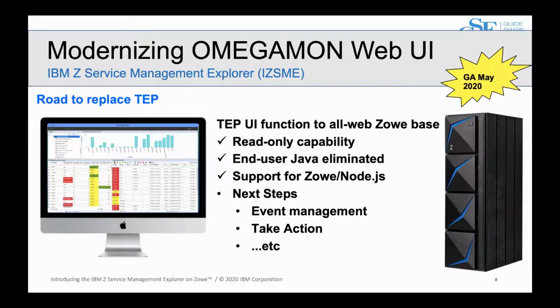So the objective here is to put the TEP UI type functions into an all web, z/OS based user interface. We'll go into more detail on what that means, but for version 1 we have a read only capability, so any TEP workspaces you've customized in the TEP UI will also be available automatically in the IZSME, and I'll show you an example of that. The objective here is, like I said earlier, removing the end user Java on your desktop. That's been a big pain point for customers.